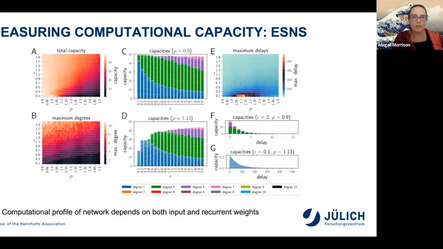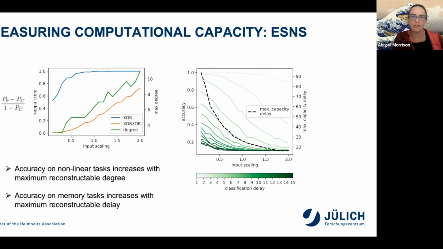So just to give us some sense that this is measuring something important about the network, this shows how the maximum degree and the maximum reconstructed delay predict the ability of the system to do some calculations. On the left-hand side, we're looking at the ability of the system to perform an XOR task, which is in blue, or a nested XOR task, which is in orange.